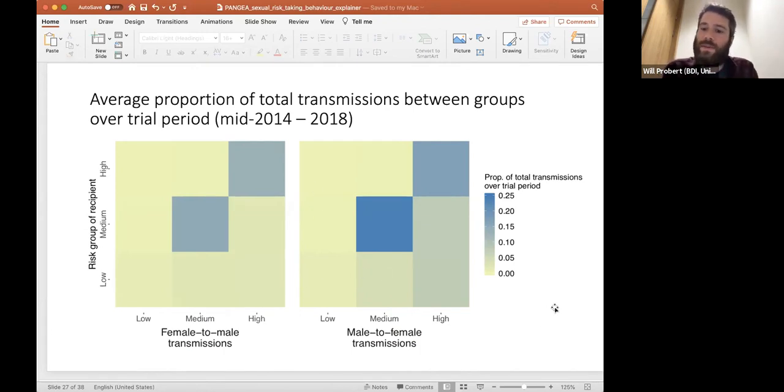Taking into account the actual size of those risk groups, although the high risk group has a lot higher incidence, we see a lot larger proportion of transmissions from the medium risk group to medium risk group over the course of the simulated trial.